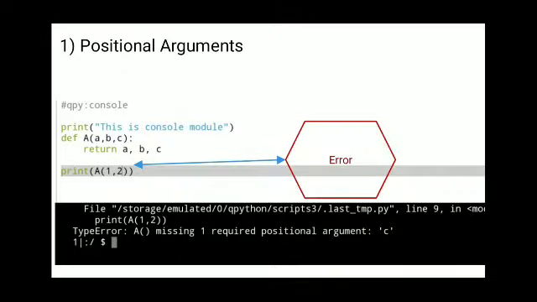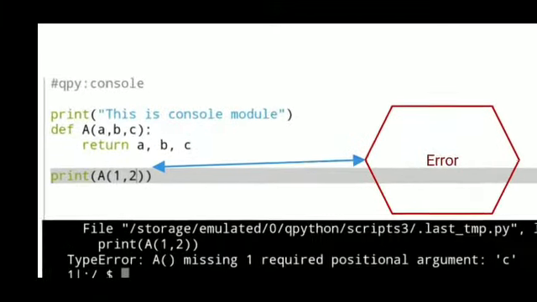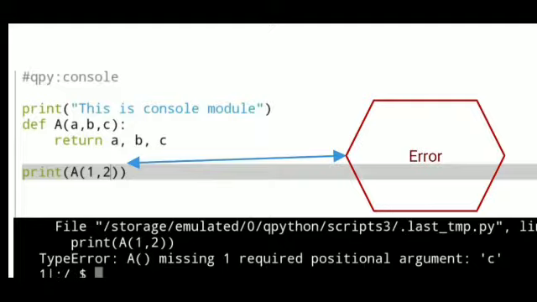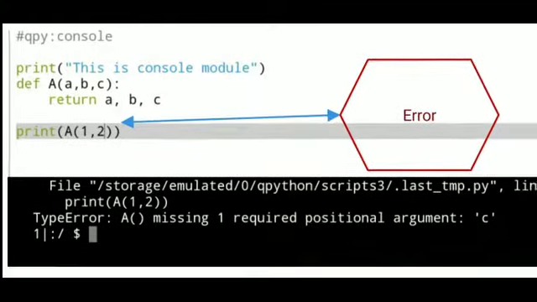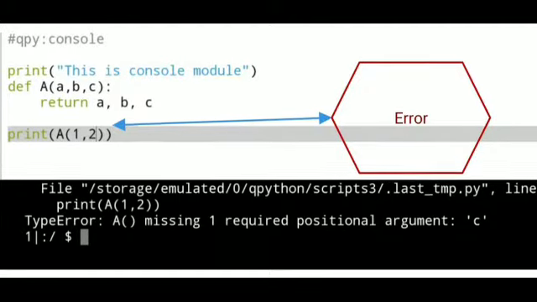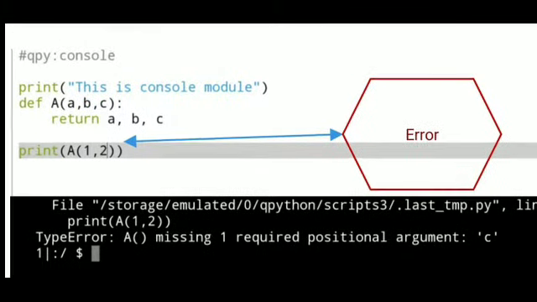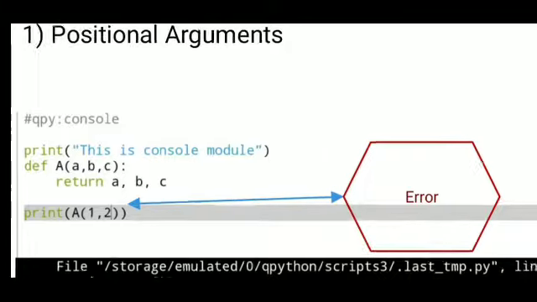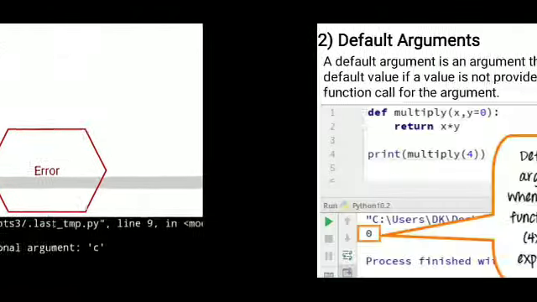In the next statement, if we pass the values incorrectly, again a, b, c, 3 variables, but we are passing only 2 values, 1 and 2. So this is the error. You can see the error message, missing 1 required positional argument c. That means if you pass the correct values, then it will work.